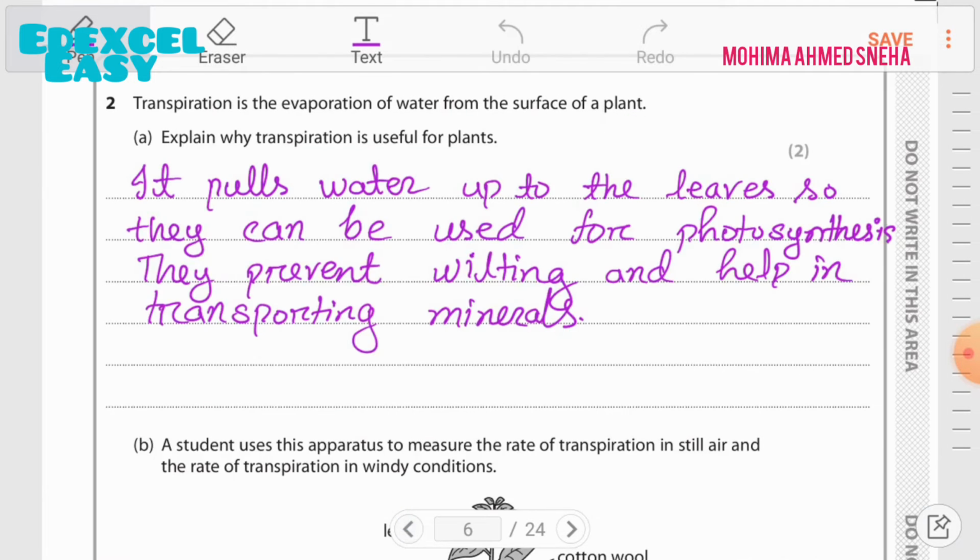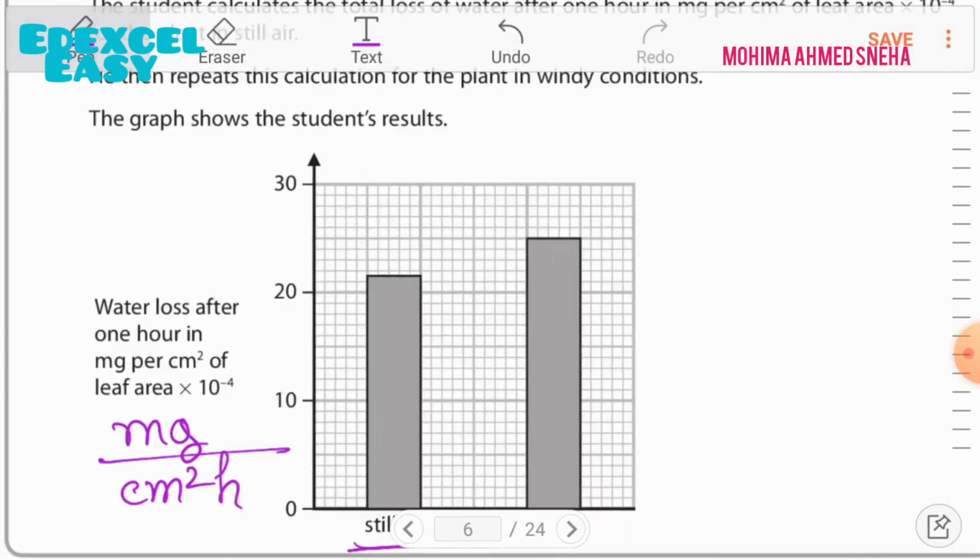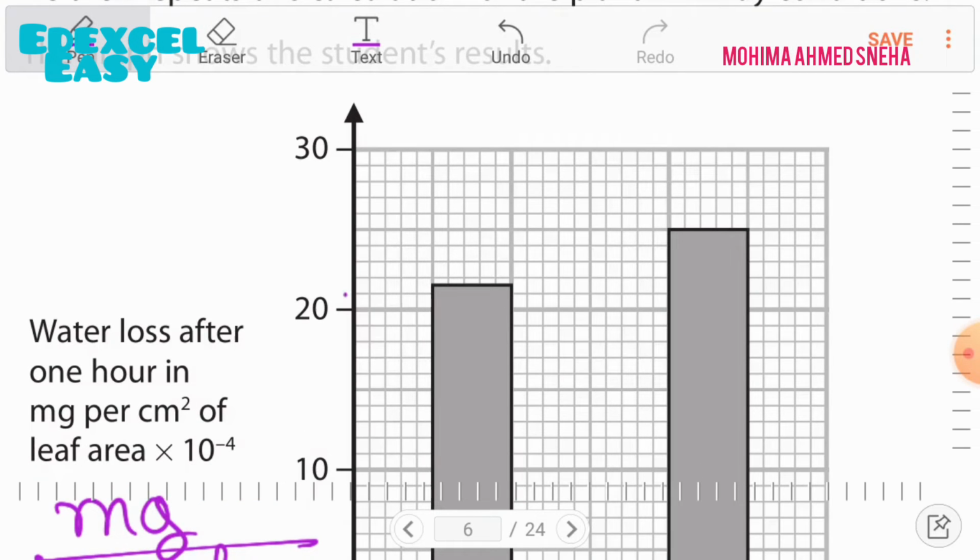And now from this graph we need to find the value for mg per cm square h for still air, and we can see that it comes between 21 and 22.